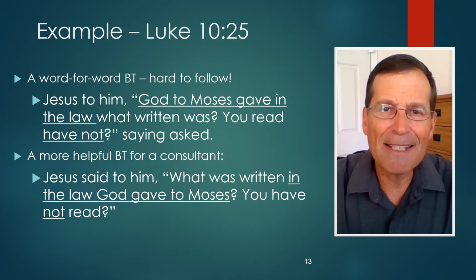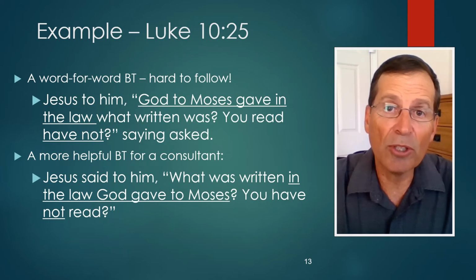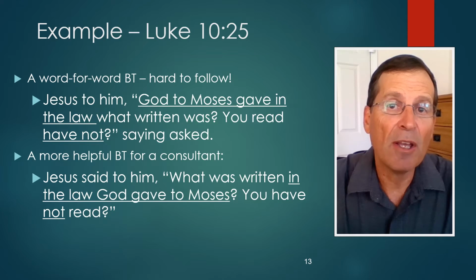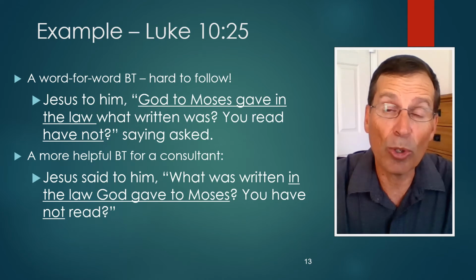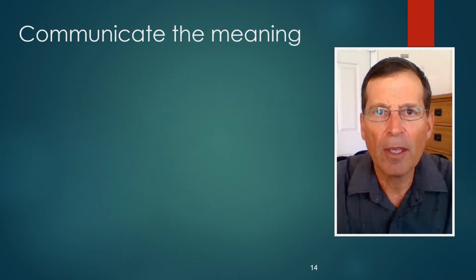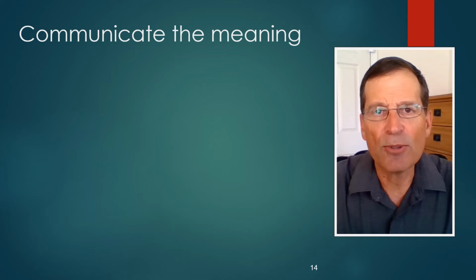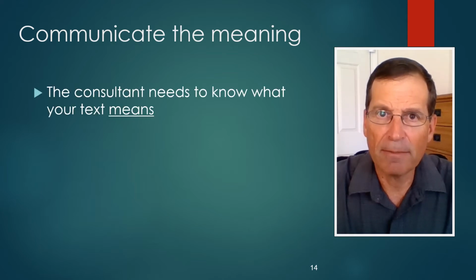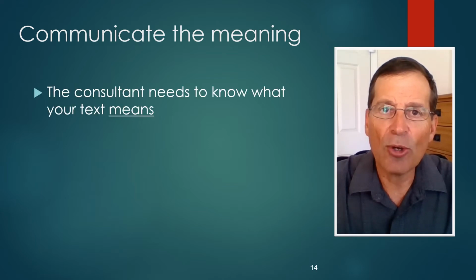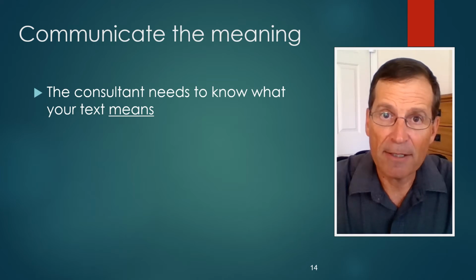So make necessary adjustments so that the meaning comes through clearly, even if the structure in the back translation does not follow the same structure in your translation. What's most important is to communicate the meaning. The consultant needs to know what your text means.